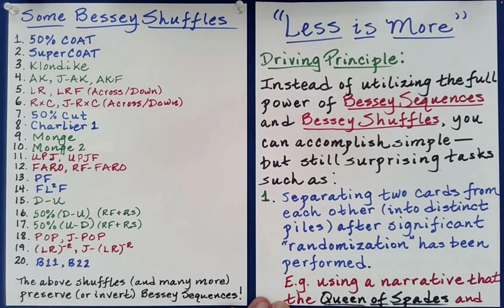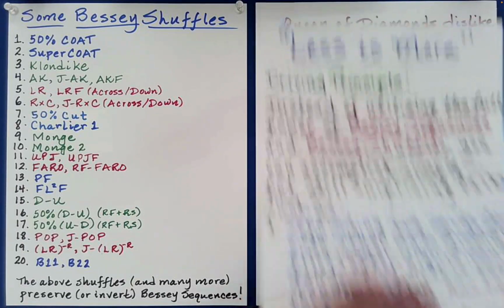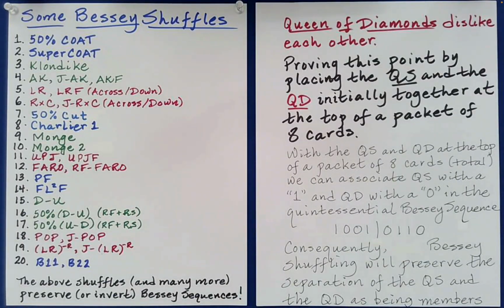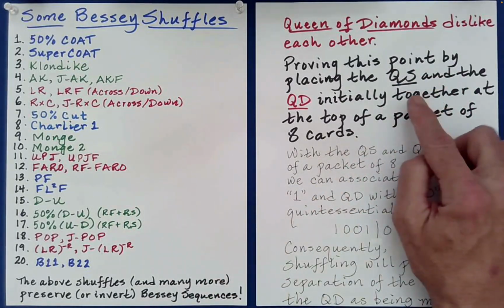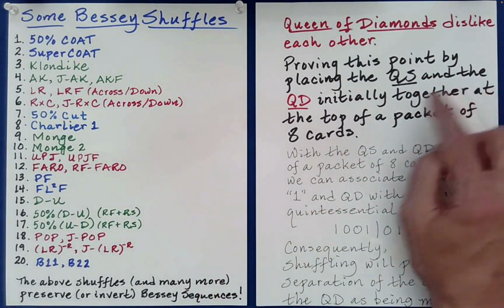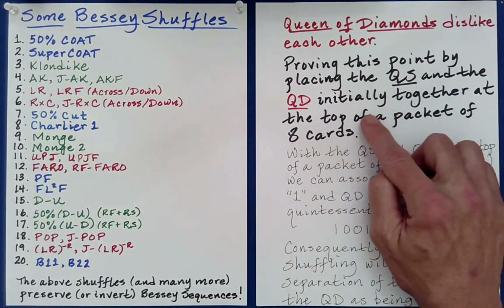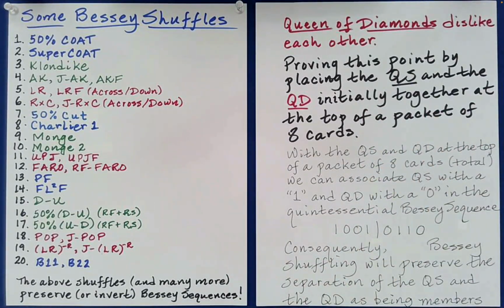For example, using a narrative that the Queen of Spades and the Queen of Diamonds dislike each other. Proving this point by placing the Queen of Spades and the Queen of Diamonds initially together at the top of a packet of 8 cards.